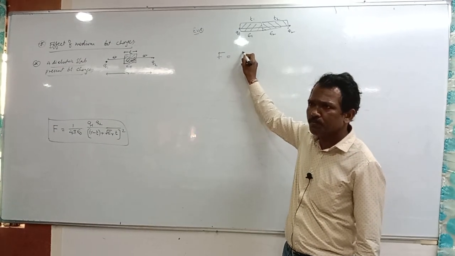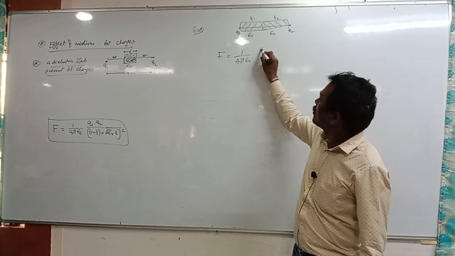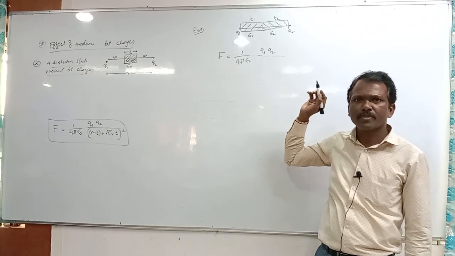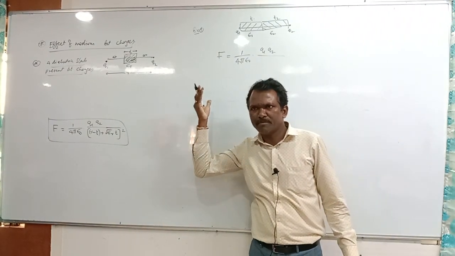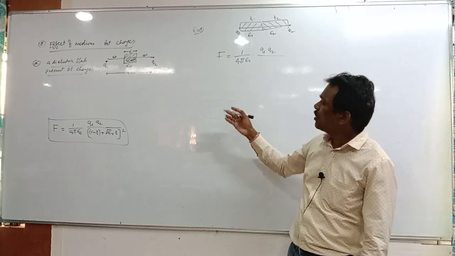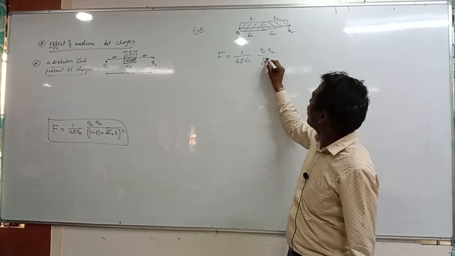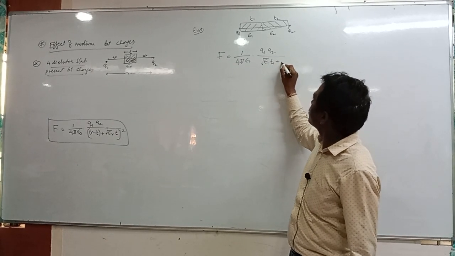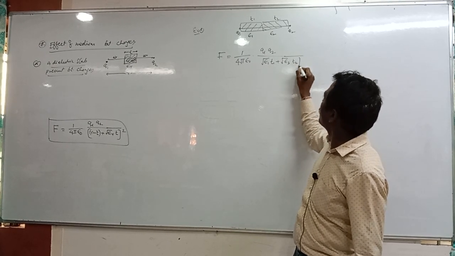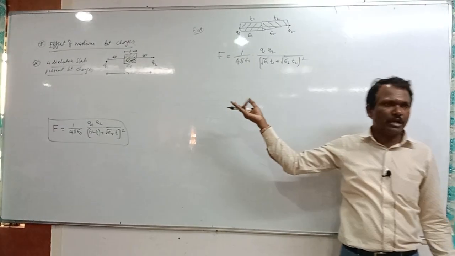F equals 1 by 4 pi epsilon naught Q1 Q2 by, since there is no air medium, there is no need to take R minus T. So only the media present: root epsilon 1 into T1 plus root epsilon 2 into T2, whole square.